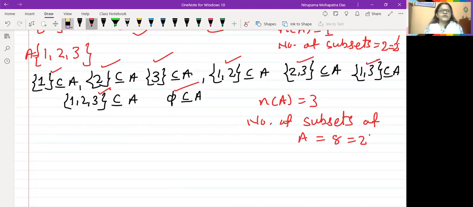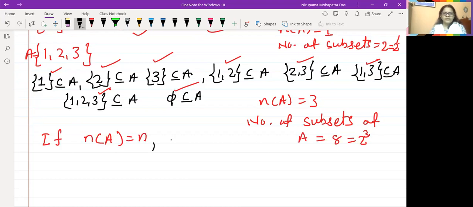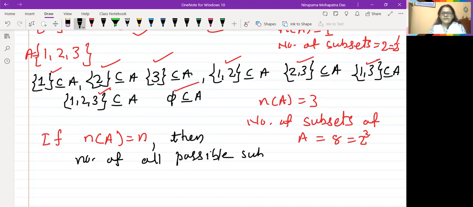Okay, so from these examples, what can we conclude? If the number of elements in A is n, if A has n elements, then the number of all possible subsets of A is equal to 2 raised to the power n.